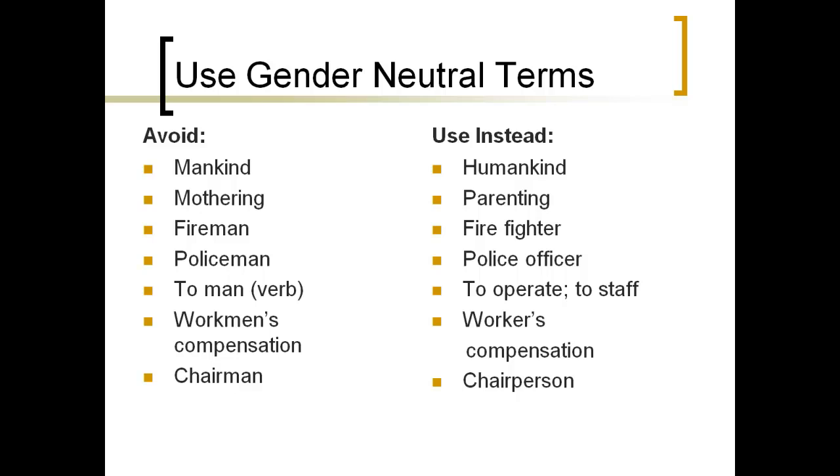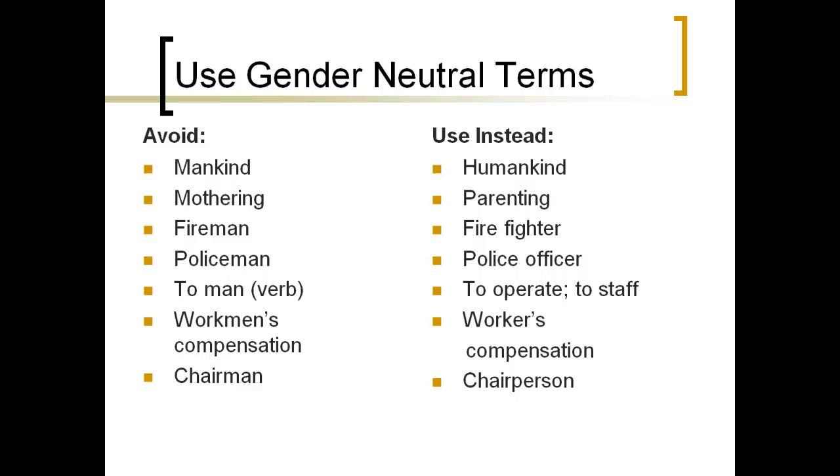Okay, here are some examples of words that we have used all the time that may be a little gender specific. In other words, alternative words that we can use to include everyone so that you don't have simply the masculine that we all grew up with. So instead of mankind, humankind. Instead of mothering, parenting. Instead of fireman, firefighter. Policeman, how about police officer?